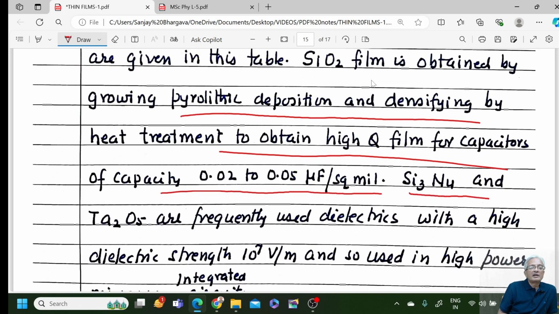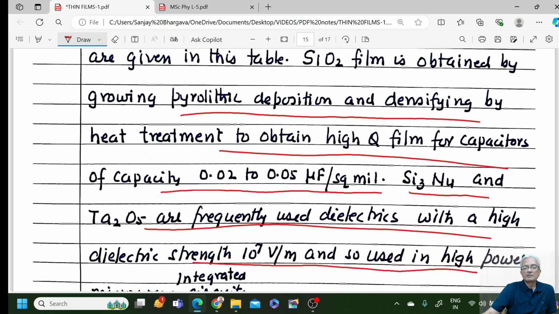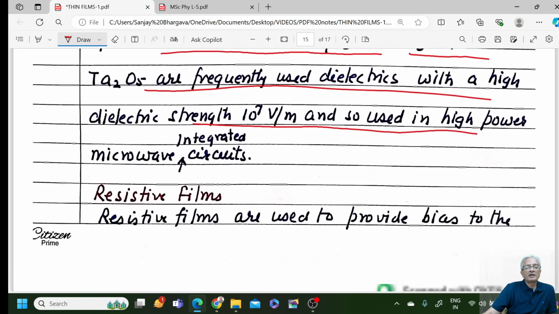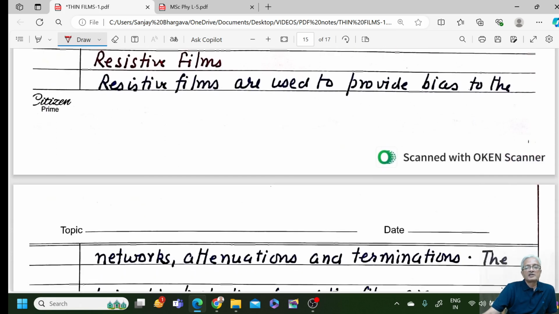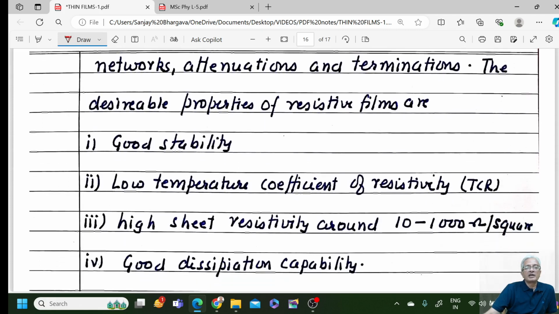Si3N4 and Ta2O5 are frequently used dielectrics with a high dielectric strength of 10 raised to the power 7 volt per meter, and so are used in high power microwave integrated circuits. Resistive films. Resistive films are used to provide bias to the networks, attenuations and terminations.